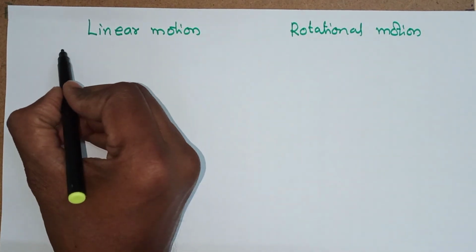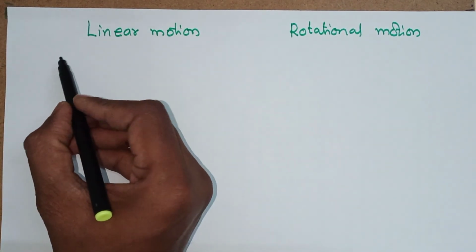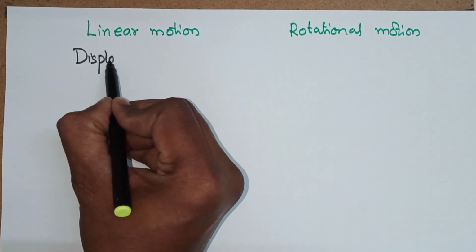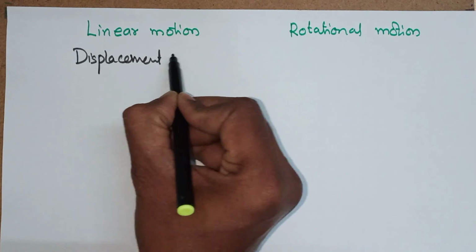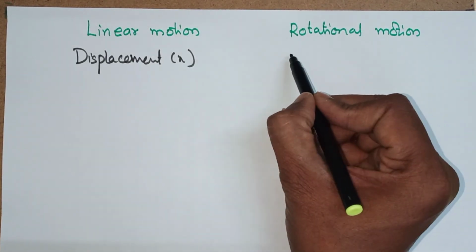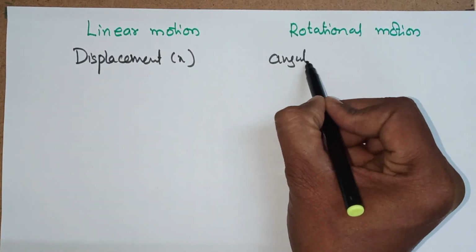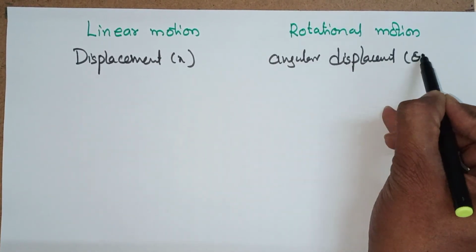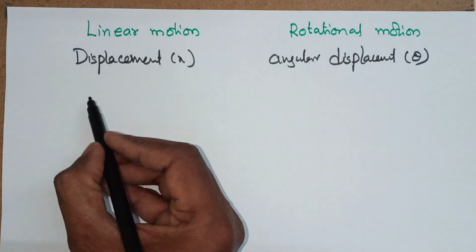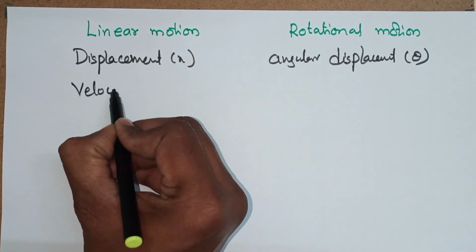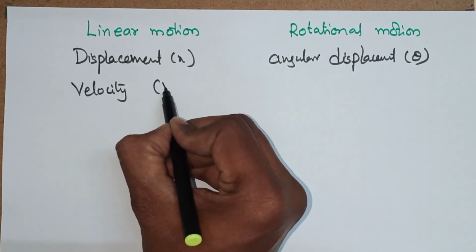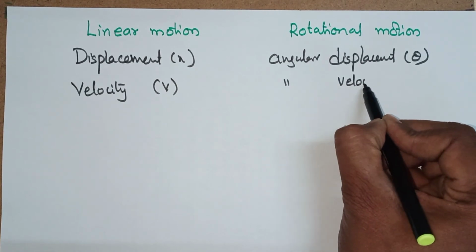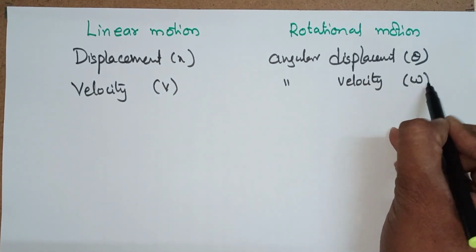Now consider simple variables which are analogous from linear to rotational. Displacement x becomes angular displacement theta. Velocity v, which is dx by dt, becomes angular velocity, represented by omega, which is d theta by dt.